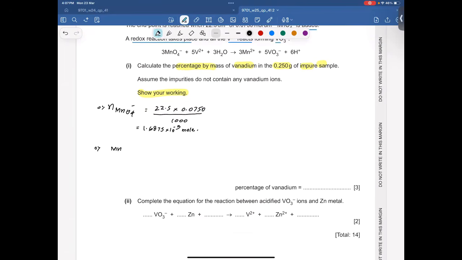According to the equation, manganate(VII) ions and V2+ ions have a molar ratio of 3:5. When we have 1.6875 × 10^-3 moles, the moles of V2+ is going to be × 5 divided by 3, 2.8125 × 10^-3 moles. Okay.